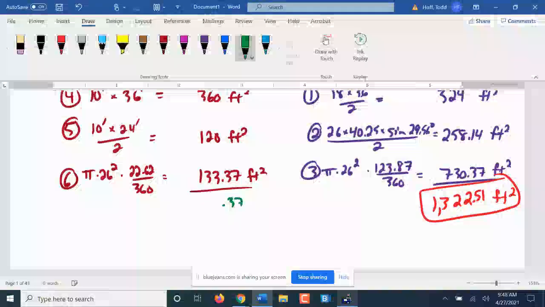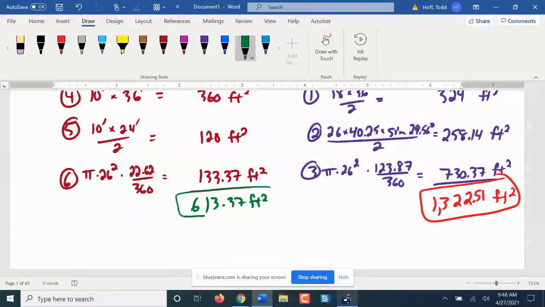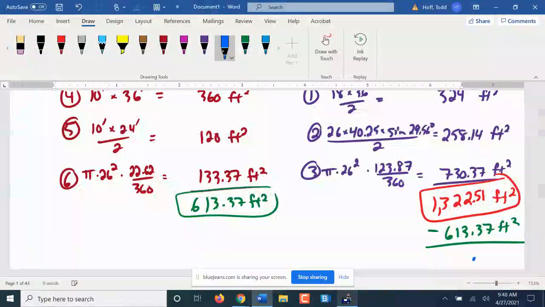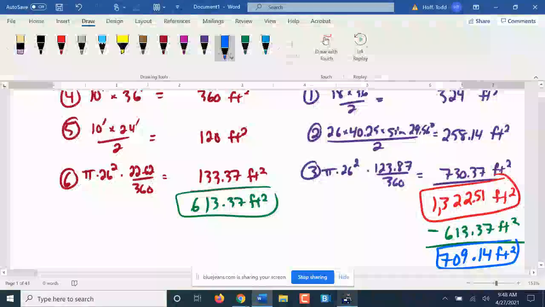So that adds up to be 613.37 square feet of area. So we've got to subtract that over here to get 709.14 square feet is the area of that end.